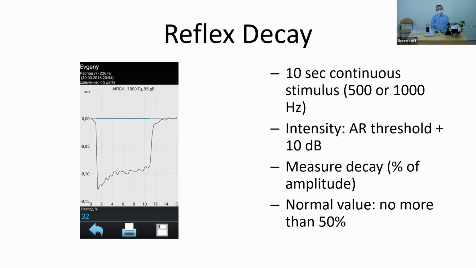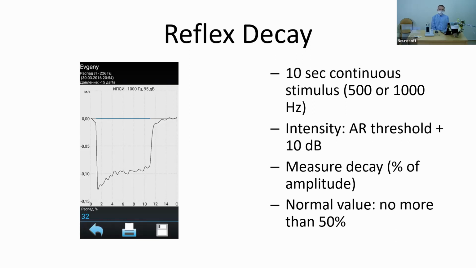The final test in this group of tests is reflex decay, which is similar to the acoustic reflex in the recording principle. But as opposed to the short stimulus used for the reflex threshold test, in the decay test we use a long, 10-second continuous stimulus, also a tone burst, usually 500 or 1000 Hertz.